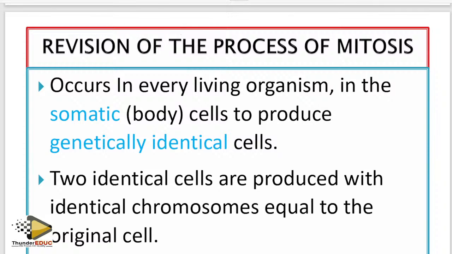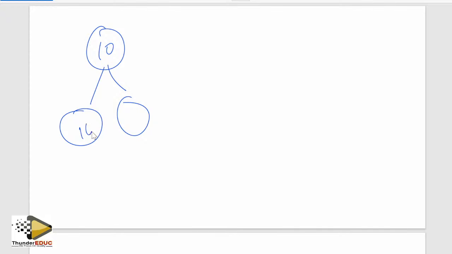Don't forget that we should talk about mitosis in meiosis, just to compare the two. In mitosis, one cell divides to form two cells, and these two cells are genetically identical to the mother cell.